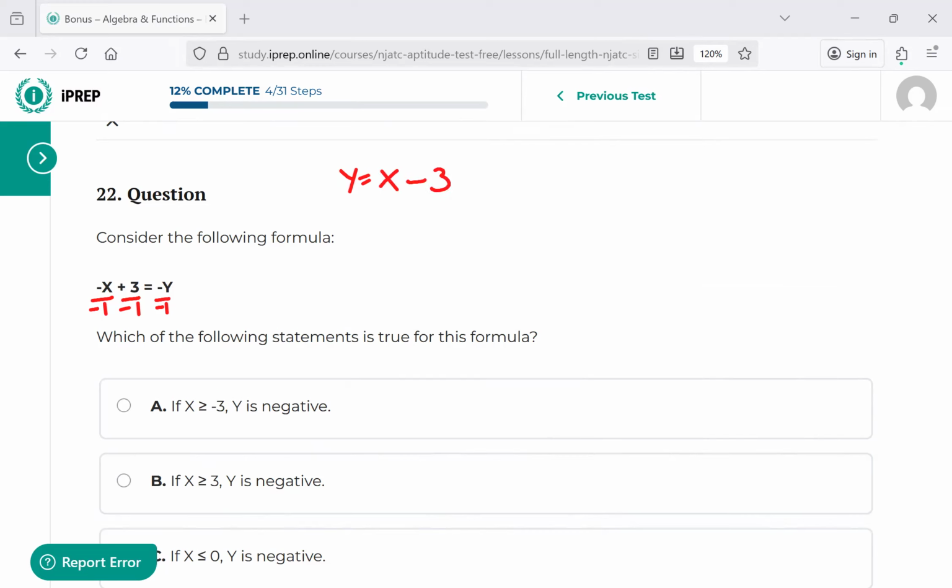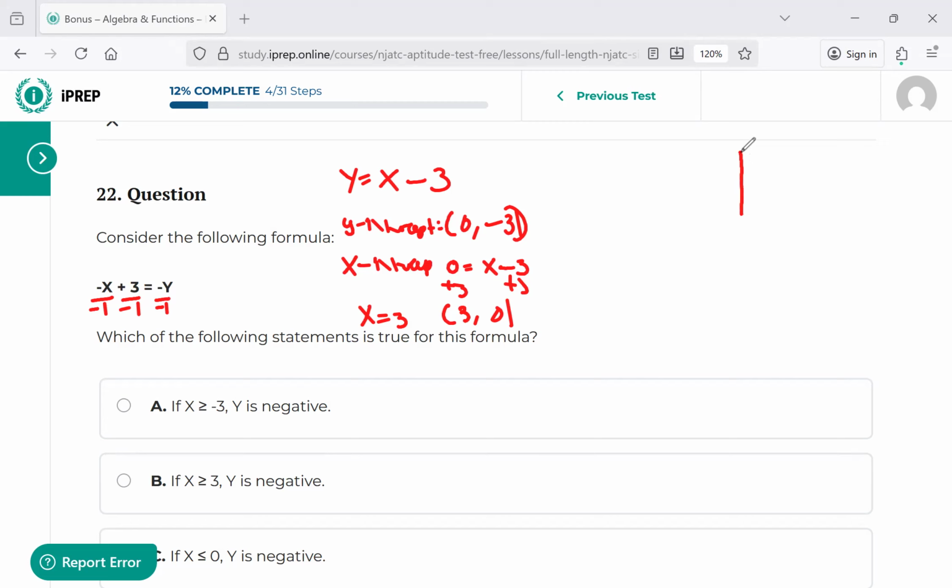My y-intercept is 0, negative 3. And then my x-intercept is, replace y with 0, so that's going to be 0 equals x minus 3. Add 3 to both sides, x equals 3, or 3, 0.